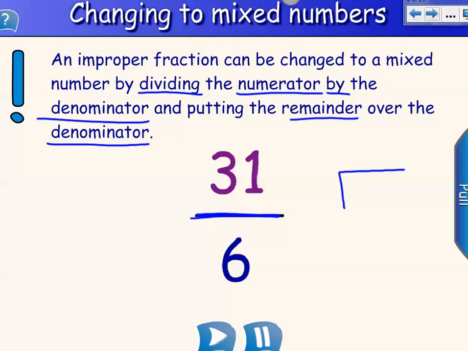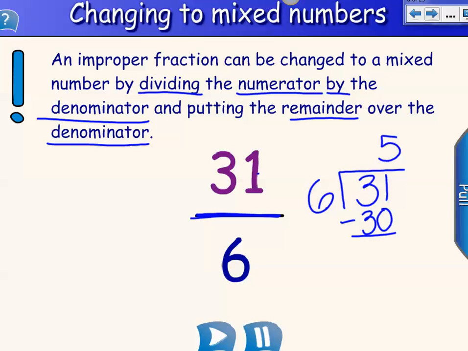The top number always goes inside the house, no matter if it's bigger or smaller. That's our dividend. Our bottom number is our divisor, and that goes outside of the house. So this is 31 divided by 6. How many times can 6 go into 31? It can go into it 5 times. 6 times 5 is 30. 31 minus 30 is 1.